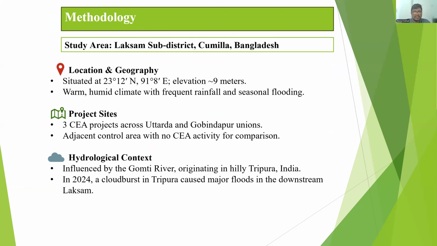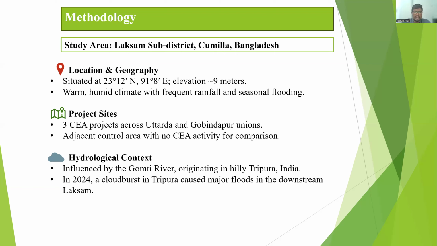Our research was conducted in Laksham sub-district, Cumilla, Bangladesh. We took three community enterprise project areas, and one area as a control where there was no community enterprise approach. Those areas were very nearby and had similar characteristics, but in one there wasn't any intervention, and in the others there were interventions from the past.